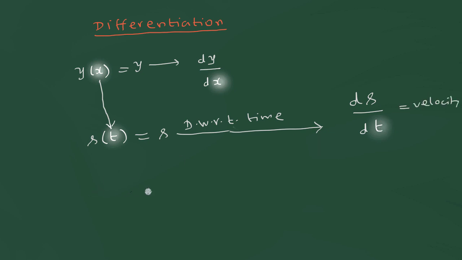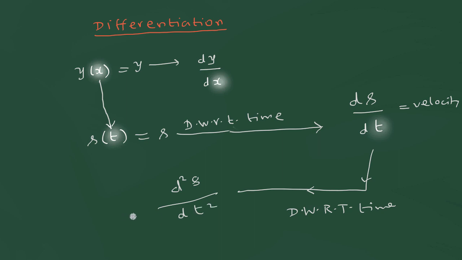And if you differentiate it once again, once again you differentiate with respect to time, a second time, that is once again I'm following this arrow. So once again if you differentiate, I will be getting d square s by dt square, and this is what you call the acceleration. So we are going to differentiate the particular quantity 2 times.